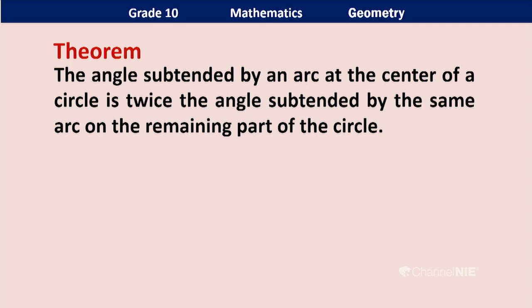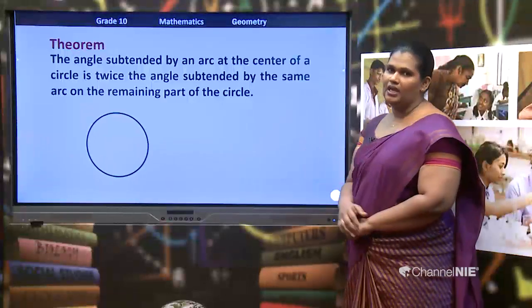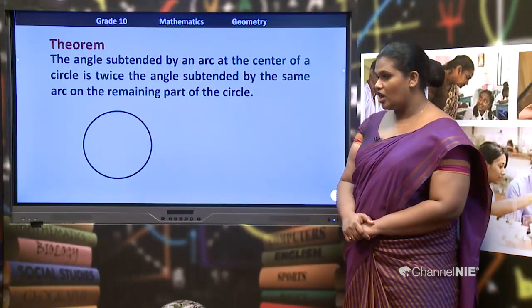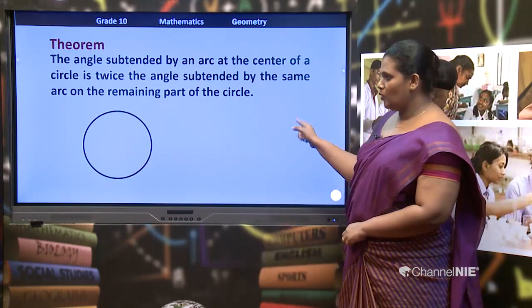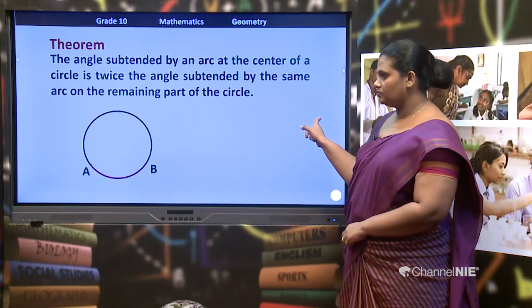I will say it once again. The angle subtended by an arc at the center of a circle is twice the angle subtended by the same arc on the remaining part of the circle. What does it mean? Now, here I have got a circle. Now, we will get an arc.